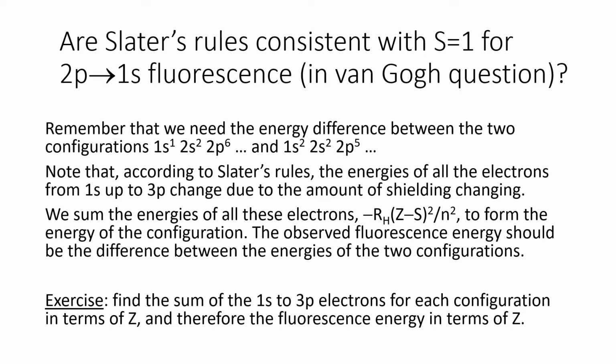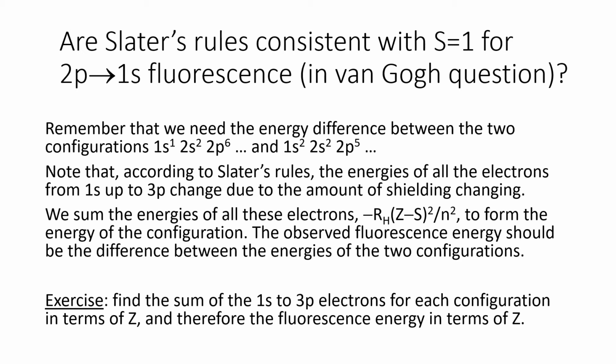Because when that electron is in the 2p subshell, it's shielding the third shell electrons, 3s and 3p, 85% efficiently. But when that electron drops down to the first shell, into the 1s subshell, because it'll be two shells inside the 3s and 3p electrons, it will now be shielding 100% efficiently. So even those 3s and 3p electrons will notice the difference when this fluorescence happens.